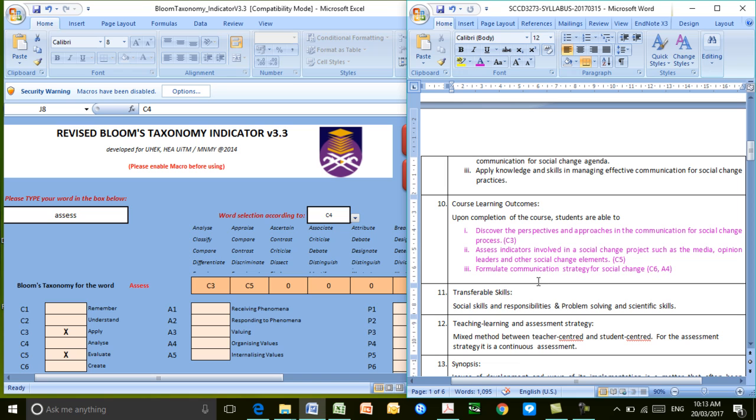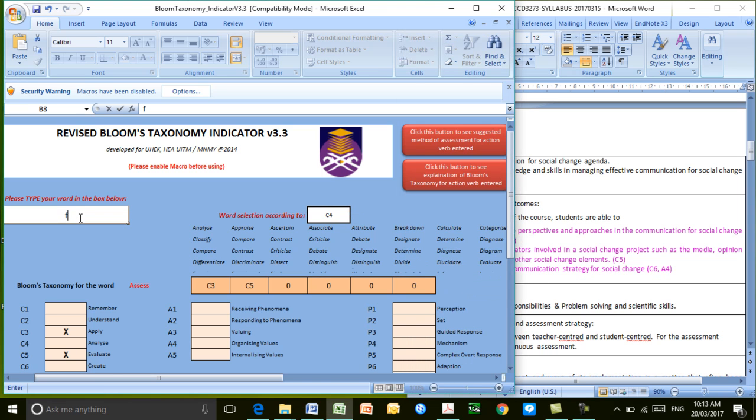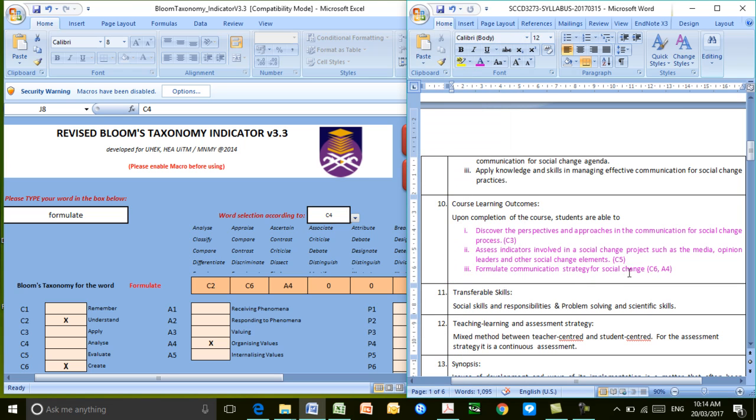Alright, formulate. Okay, for formulate, we got here cognitive domain and affective domain. So after going through my CLO, I found that it can reflect C6 and A4, right?